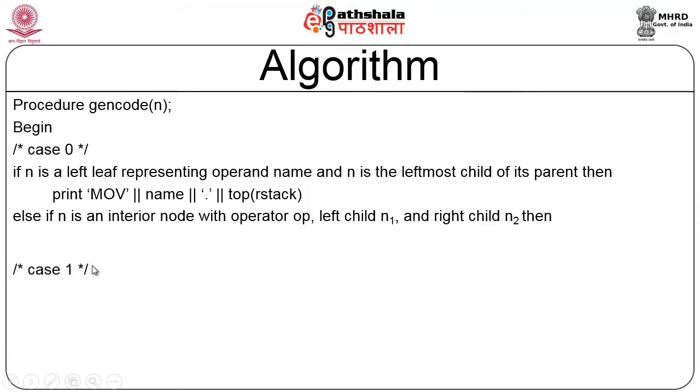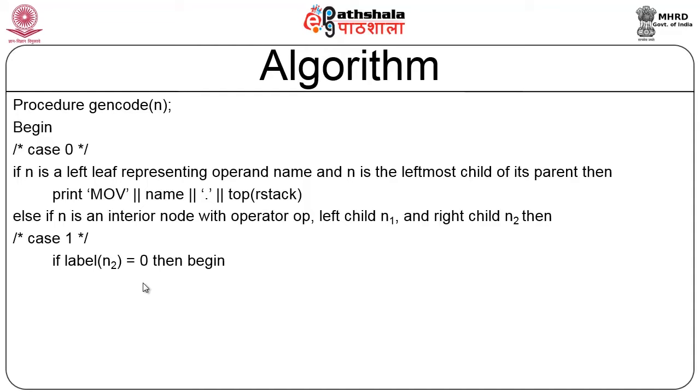Now case 1 will be called in one particular situation where the label of N2 is equal to 0. This is a special case where I will be looking at the last but one level of a particular DAG. So label of N2 means what?